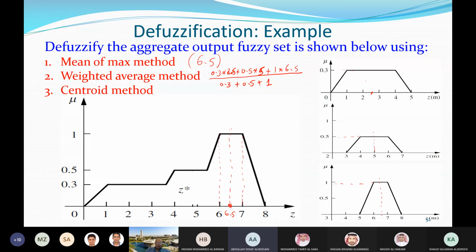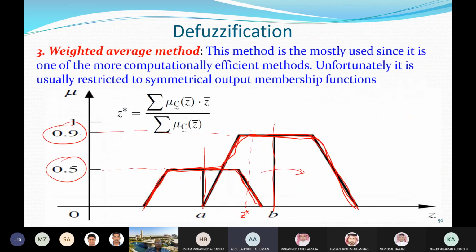Not symmetric, no. If this is the condition, as we mentioned here, unfortunately, do you see unfortunately here? It is usually restricted to symmetrical output. When you have the average clear, this is the average clear.